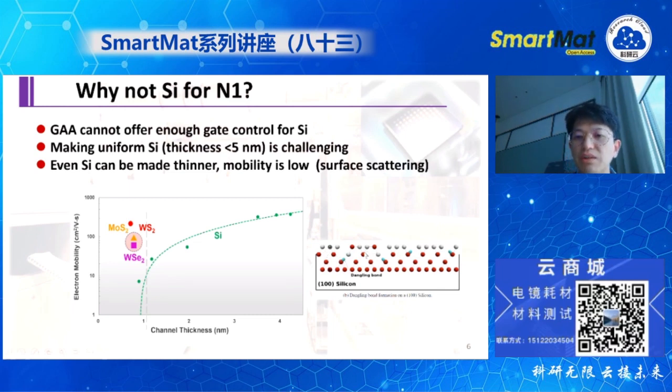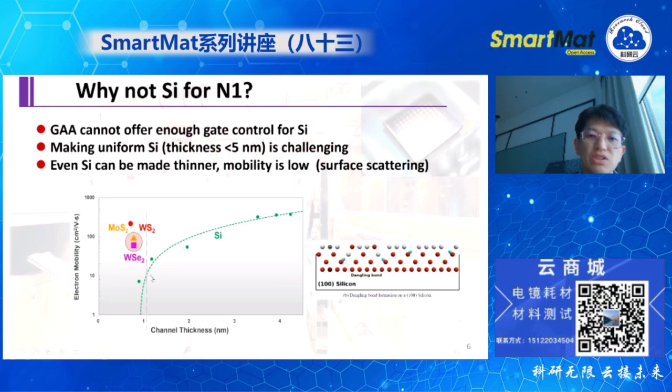3D materials definitely have unfinished bonding, which forms dangling bonds or bonds to another surface like a dielectric. Those surface bonds perform as charge scatterers, so that will suppress the mobility of the silicon. We can see this phenomenon very clearly on the left-hand side graph, which shows electron mobility versus channel thickness.